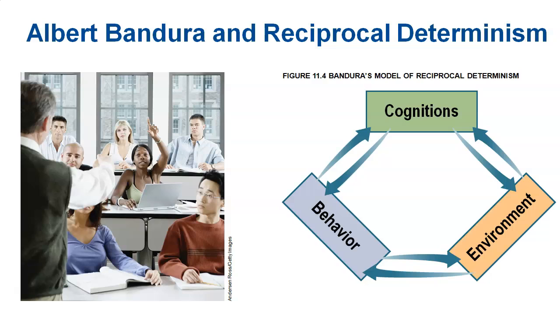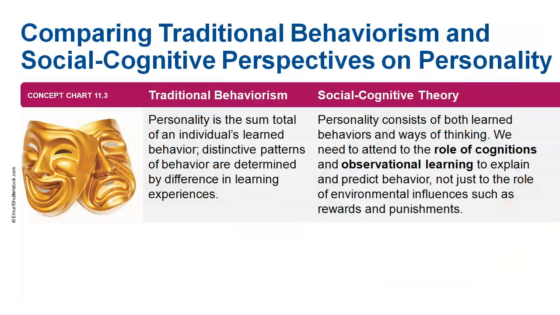Reciprocal, or reciprocity, is this whole idea of: you do something for me, I do something for you. It's going back and forth, influencing one another to then determine your personality. And again, this is just quickly going over what we talked about. Traditional behaviorism, for the perspective of personality, would say it's just learned behavior: the reason why you are the way you are and behave the way you do is how you were taught, what you saw, what you learned.